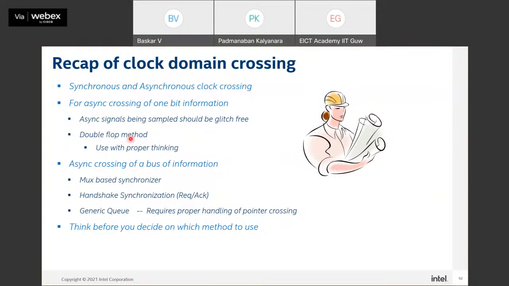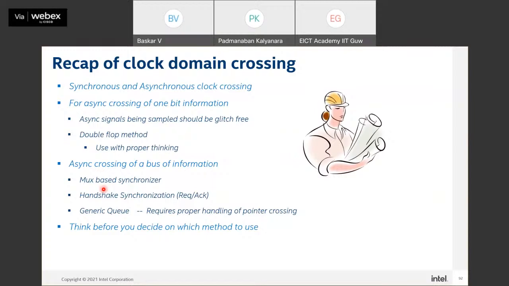If your information is a wide address bus, a wide bus, think which scheme. We have 3 different schemes. These are robust schemes used across industry. Think which scheme works best for you based on your feature or functionality requirements.